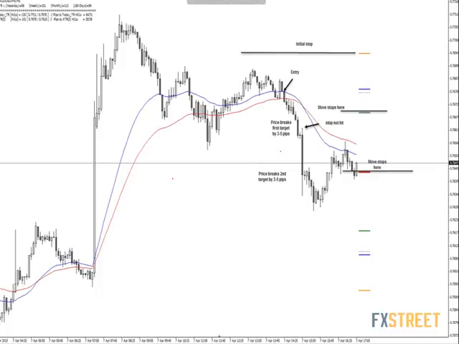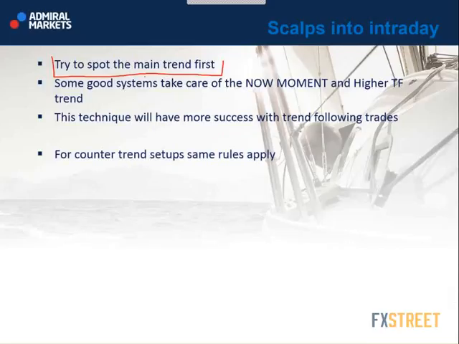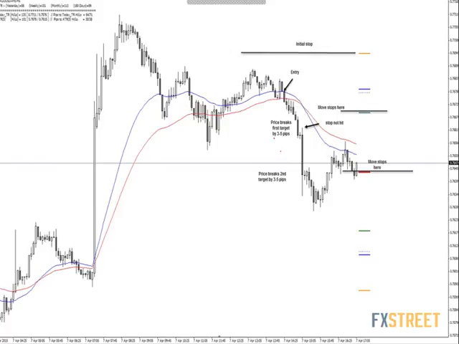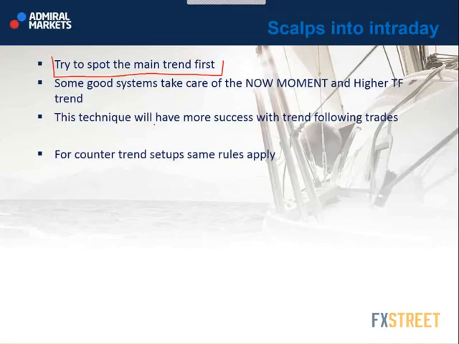That way you usually will be able to scalp in a higher time frame trend using lower time frame alignment. So try to spot the main trend first. If your system takes that into account, it's even better.